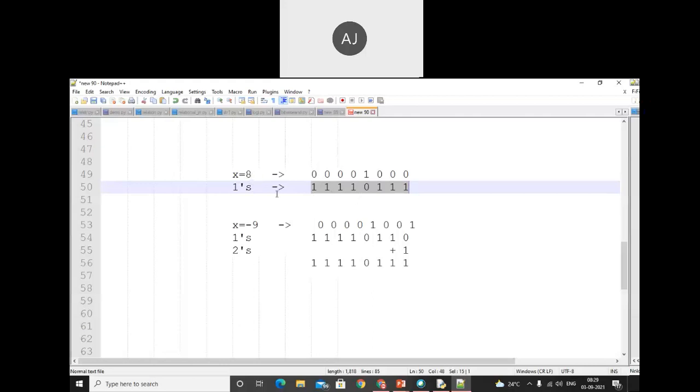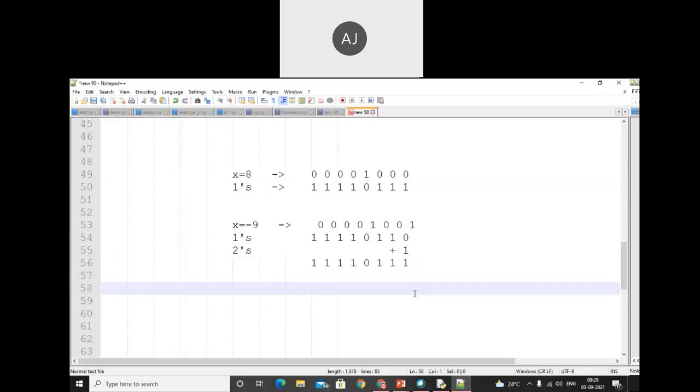So when we use x, we get this value. We just need to match the two's complement value with the one's complement value of the positive number. If both values match, then we can say that when we press x, we get minus 9.